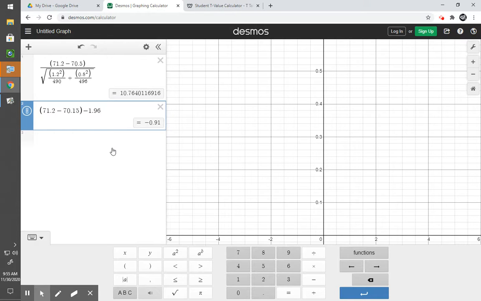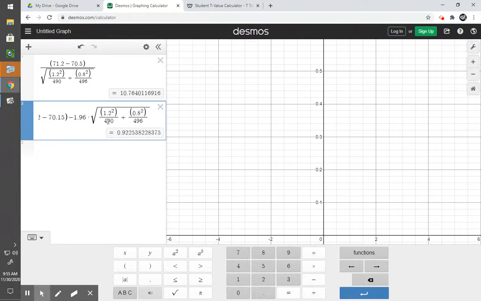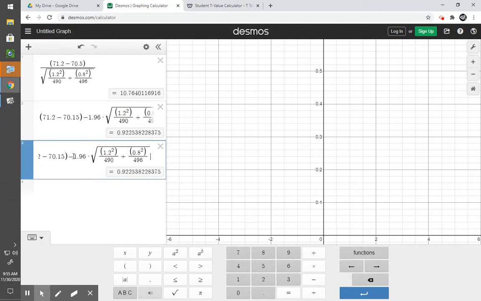There's my T star. I'm going to hit the times sign in my calculator. Now you can use the times sign here, or you can use the asterisk or the star. They both do the same thing. I need to have, remember, this whole bottom right here. Well, remember, I controlled it. I'm going to paste it in, and here's my first value. I'm going to highlight the entire problem. I'm going to paste the whole problem in, and instead of a minus right here in the center, I'm going to change that to a plus sign.